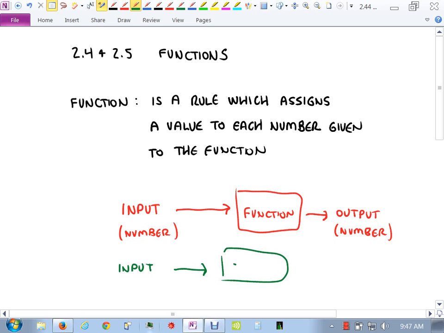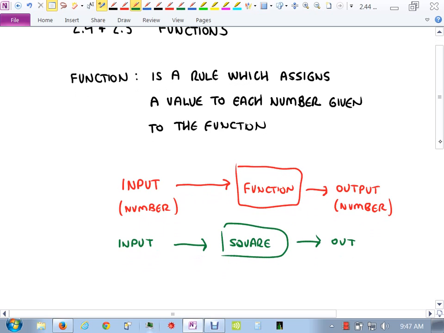Maybe it's the function that squares, and then it comes out the other side. Input, output. The squaring is the function. It's the rule. So if I take the number 3, I send it through this squaring function, it would come out the other side as 9. Because when it went in, it got squared. That's the idea of a function.